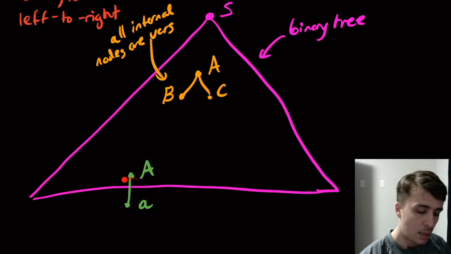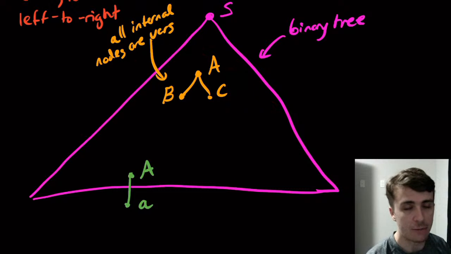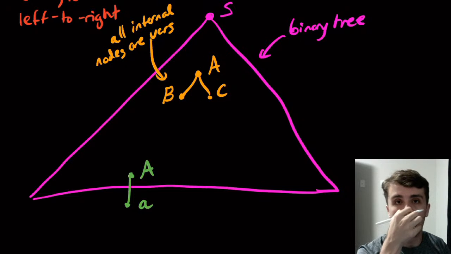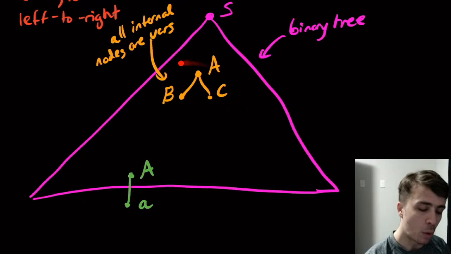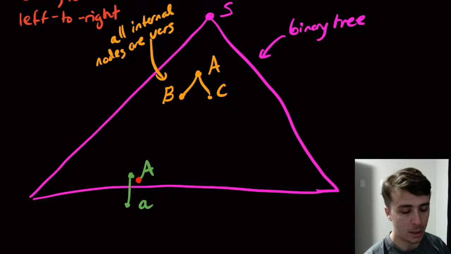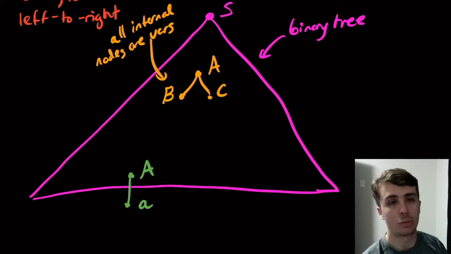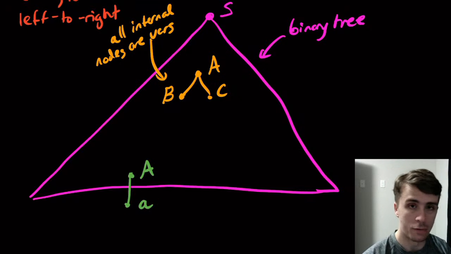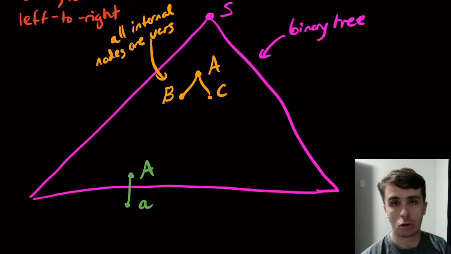So this is the structure of a parse tree for a grammar in CNF. It's a binary tree, meaning every node has two or fewer children. The ones in the middle are variables with exactly two children, the ones down here have one child, and the ones with the terminal have no children.